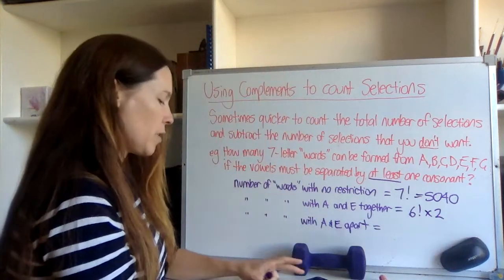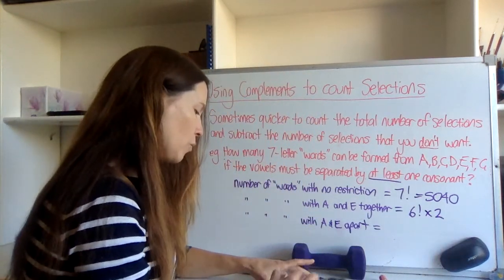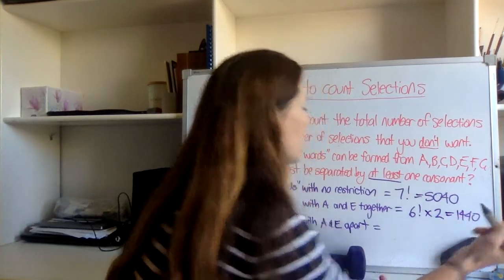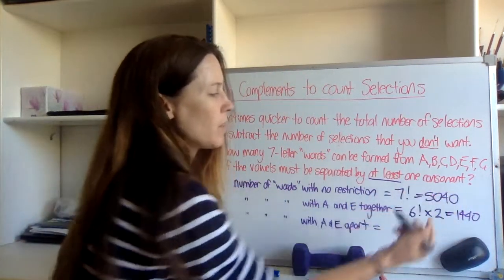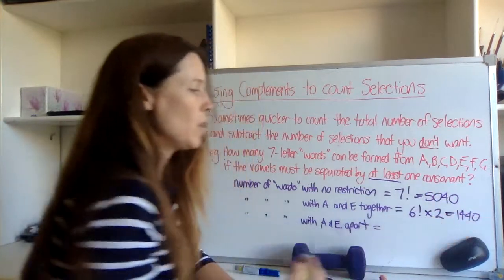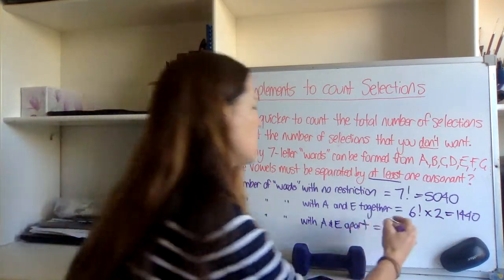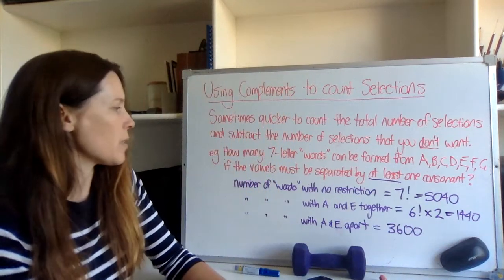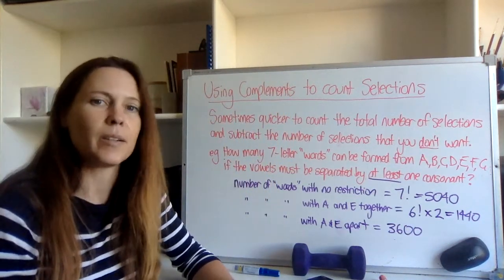So we need to do 6 factorial times 2, which gives us 1440. So now if we subtract, 5,040 minus 1440, then we should get 3,600. And that would be the number of words that are separated by at least one consonant.